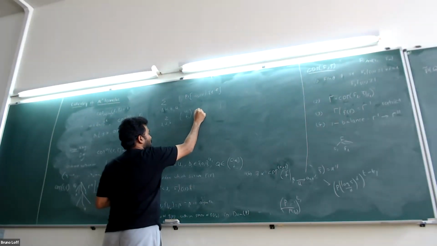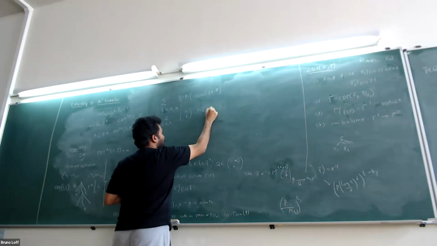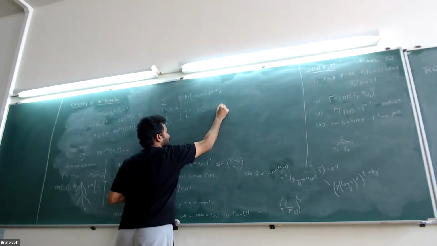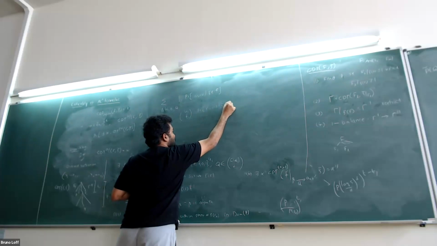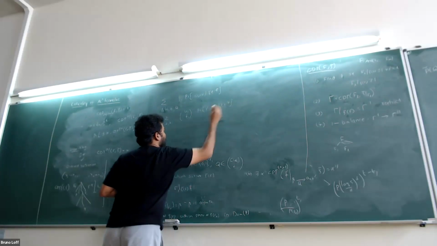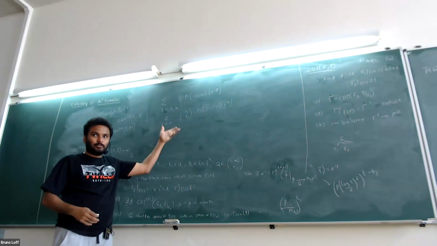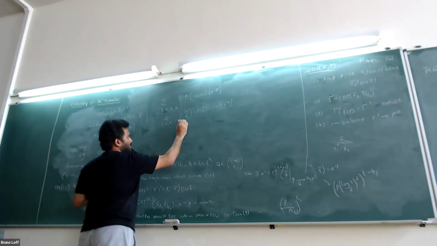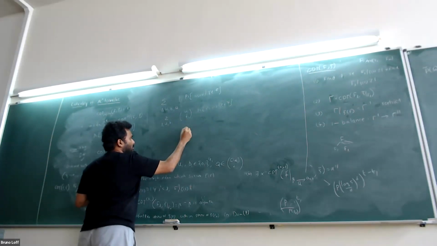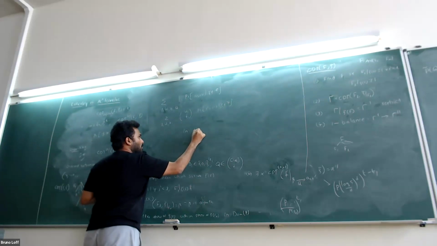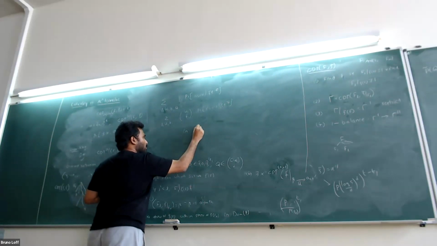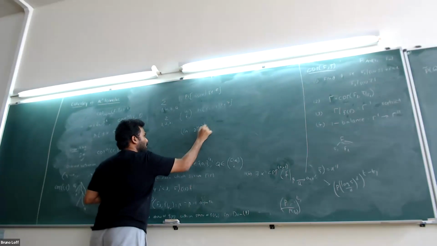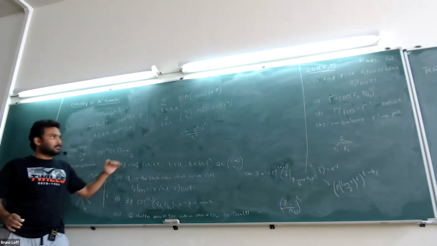And so again, we use the same trick and write this first as log 2 power B1, 4 power B1, B1 power B1. Right.